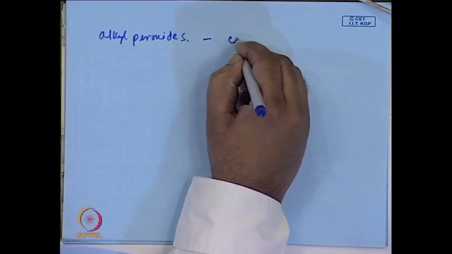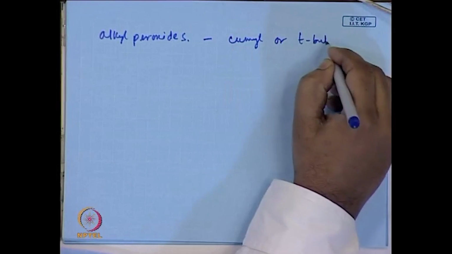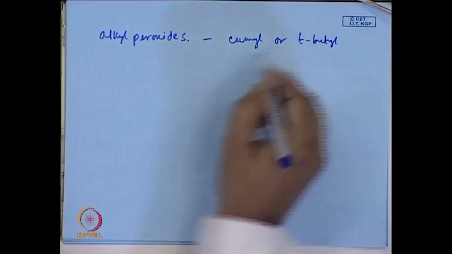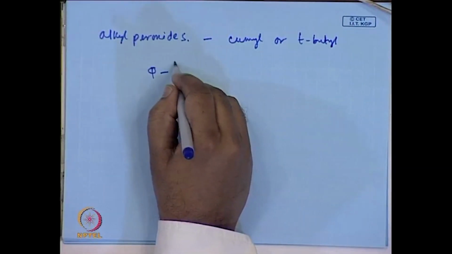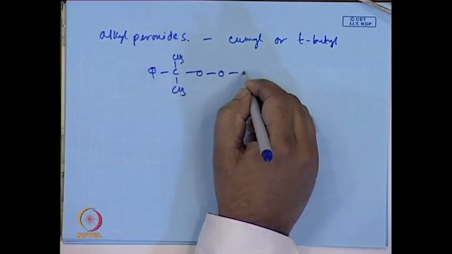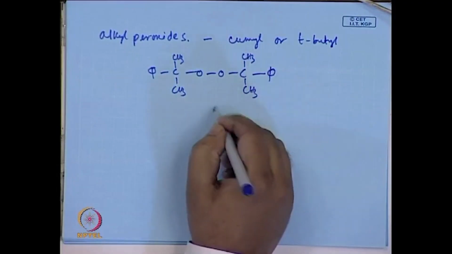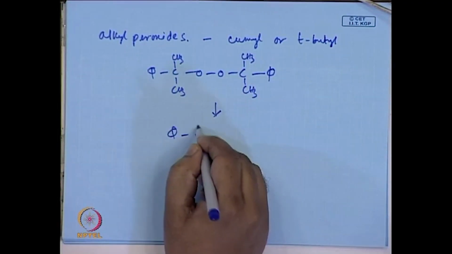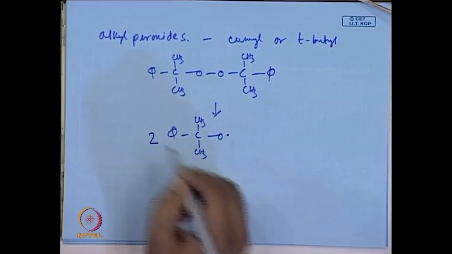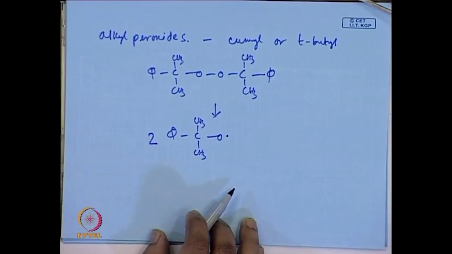For example, cumyl or tertiary butyl peroxides. Let us take the example of cumyl peroxide. It can dissociate into two such radicals.